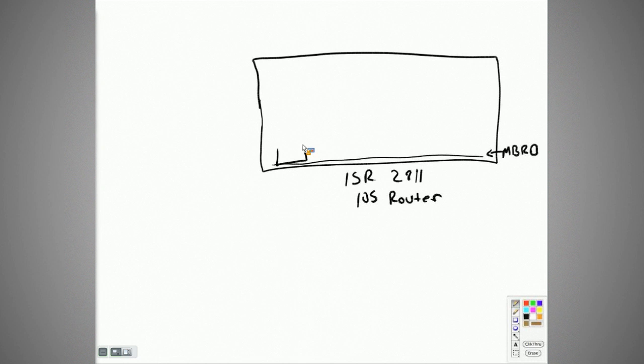And on the motherboard, we've got the ability to place these DSPs, or PVDMs, PVDM2s more specifically.